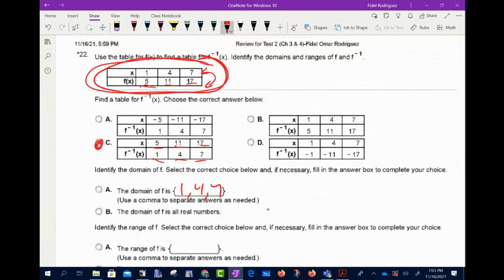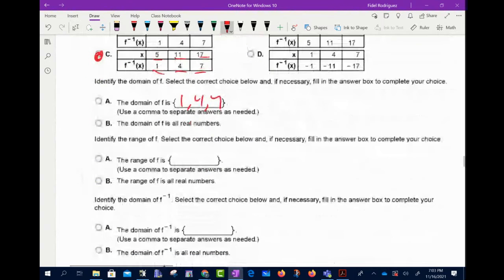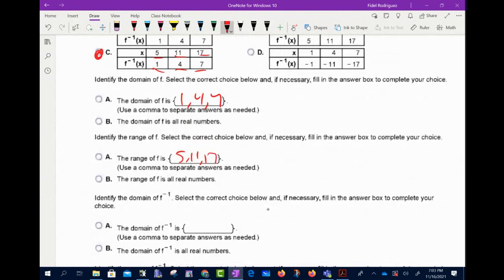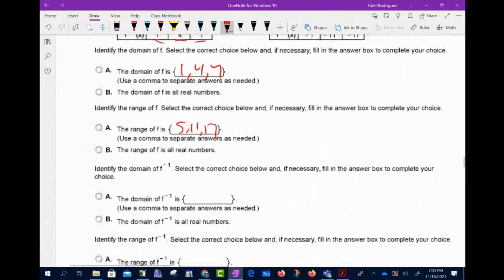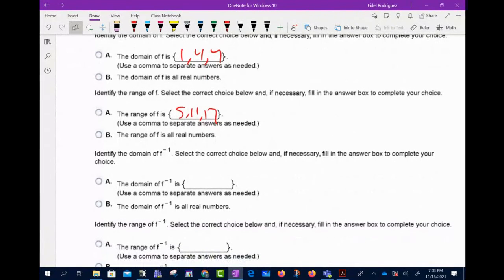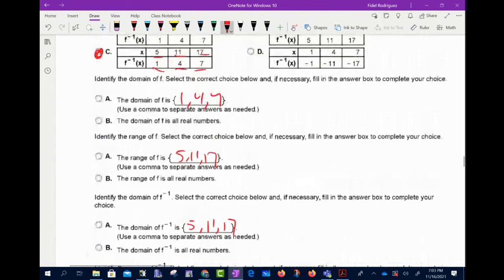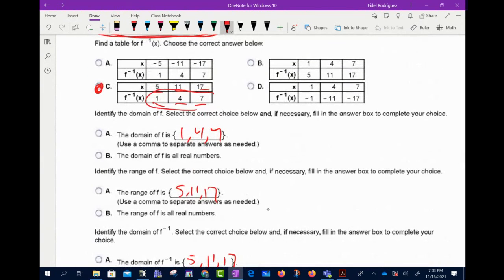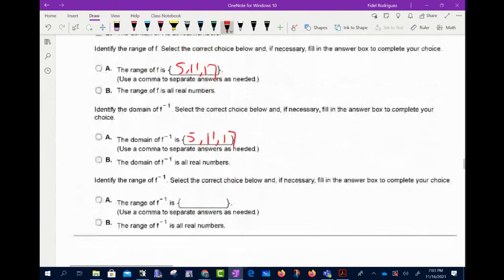So the y values in this one are 5, 11, and 17. Okay. And now it's saying, what's the domain of f inverse? Well, the domain of f inverse is the range of the original function. So this is 5, 11, and 17. And then the range of f inverse would be 1, 4, and 7.